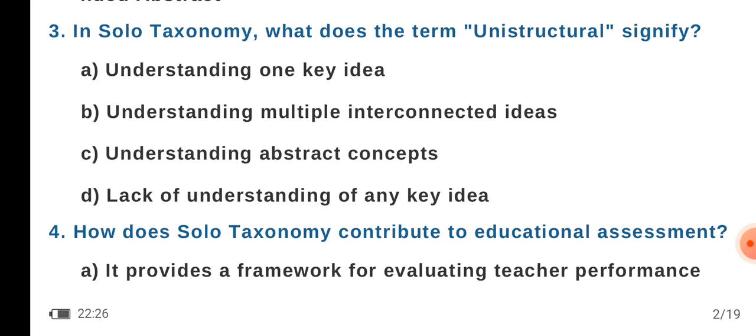The correct answer in number 3 is letter A, understanding one key idea. Explanation: unstructural in SOLO Taxonomy signifies understanding one key idea at a basic level of complexity. Number 4.